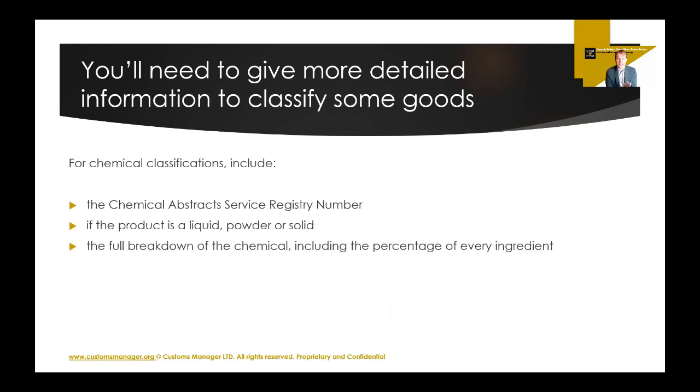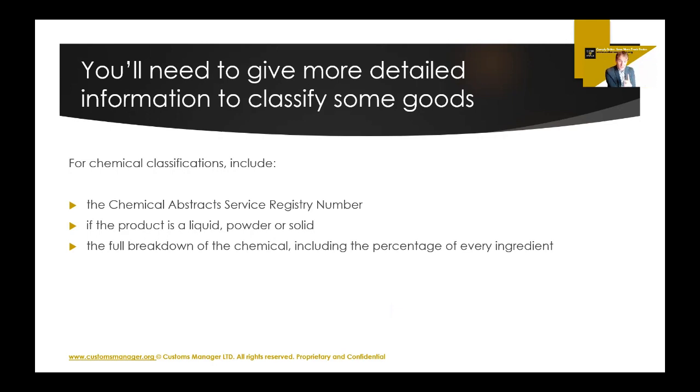Chemicals are one of the hardest things to classify because you might almost even need a chemistry degree. But overall, you would help a classifier greatly if you supply the Chemical Abstracts Service registry number. That's a number that helps you so much with understanding what this chemical is.